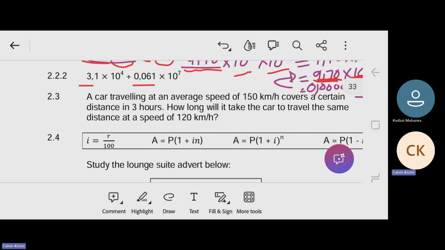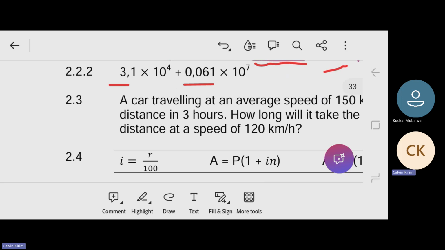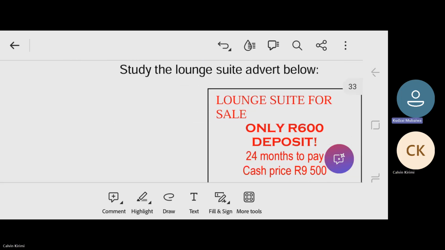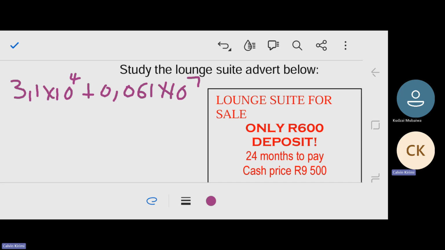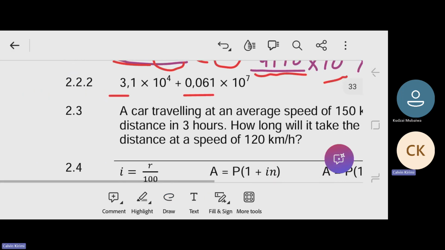So first you do like what we normally do, you factorize to get the common factor from 3,1 and 0,061. That's what we are given.